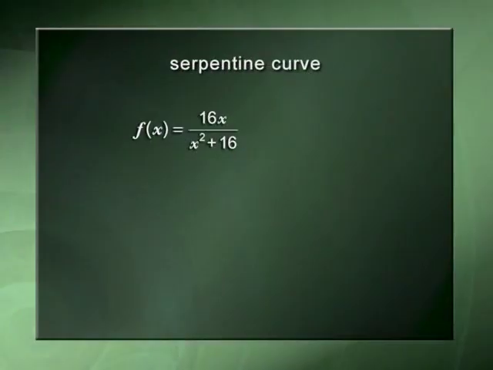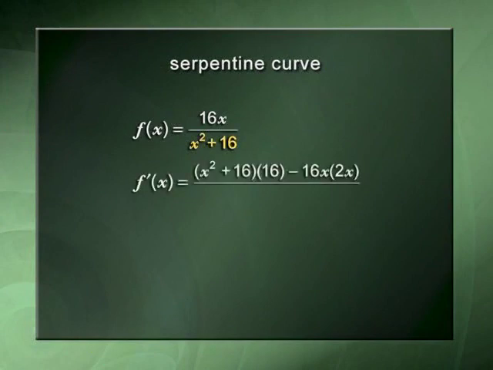The function is 16x over x squared plus 16. Let's take a derivative. It is the bottom function, x squared plus 16, times the derivative of the top, which is 16, minus the top function, 16x, times the derivative of the bottom, 2x, all divided by the bottom squared, x squared plus 16, all squared.